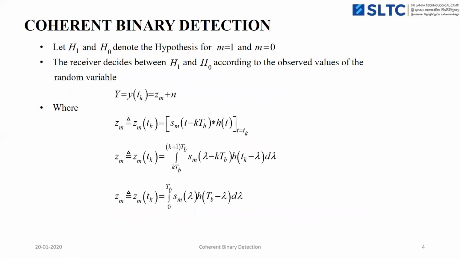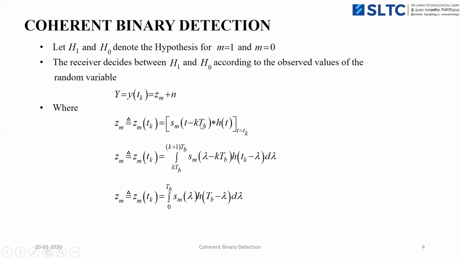Let us take H1 and H0 as hypotheses for message bit 1 and message bit 0. The receiver decides between H1 and H0 according to the observed values of the random variables. The received signal Y is a random variable equal to Zm plus n, where Zm is the signal term, n is the noise term, and m denotes binary bit 1 and binary bit 0.